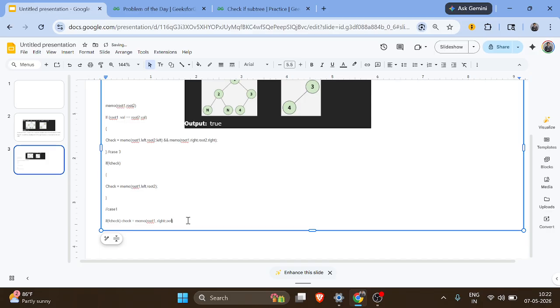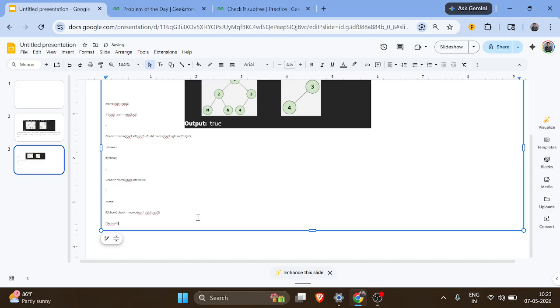Yes, this is quite clear. If this is not the case, then in this case the check value is the actual answer of our question. So you have to just return check.